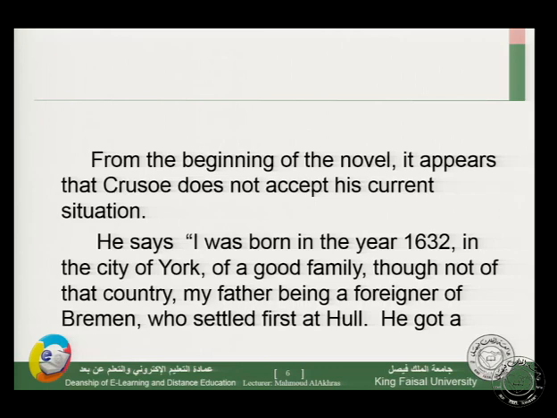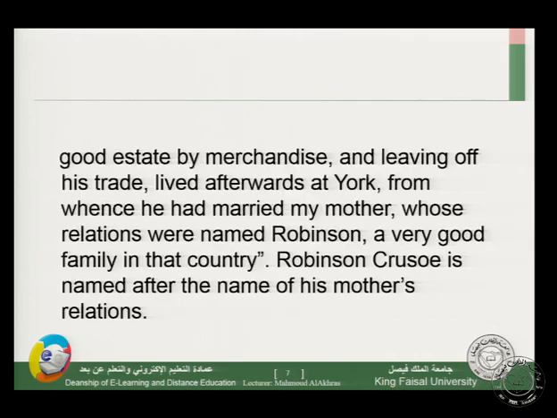This is a quotation from the beginning of the novel. "Of a good family, though not of that country, my father being a foreigner of Bremen, who settled first at Hull. He got good estate by merchandise and leaving off his trade, lived afterwards at York, from whence he had married my mother, whose relations were named Robinson, a very good family in that country."